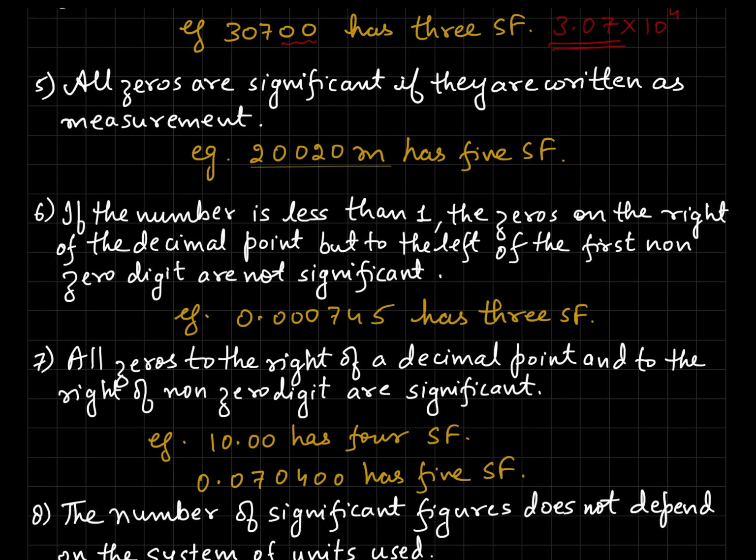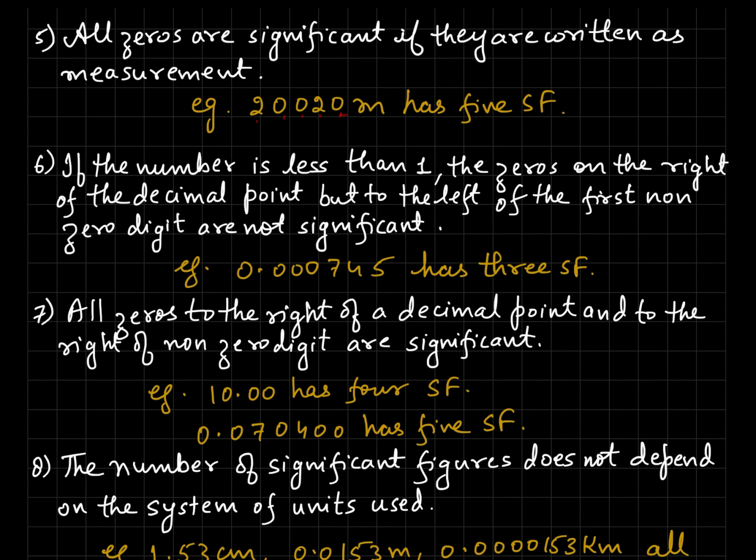The next rule is all zeros are significant if they are written as a measurement. Like here I have taken 20,020 meters. Here everything would be significant, 1, 2, 3, 4, 5. So we say that this 20,020 meters has 5 significant figures. Here we won't ignore this trailing zero. This is the case when some unit is mentioned.